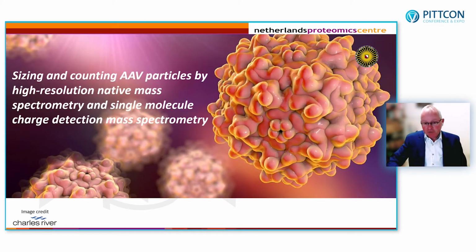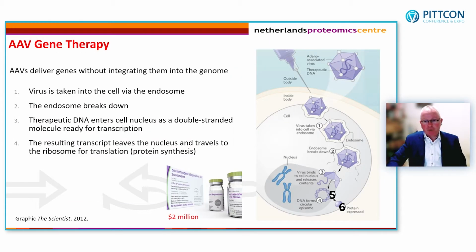So the AAV is not just a virus. It's a very important virus because it's not toxic for us. We can actually take it and it has no negative side effects. And therefore, it has become, and it is now, an ideal gene delivery vehicle. And here you see a little bit about the biology. What people do is they make a transgene that they incorporate into the AAV virus.